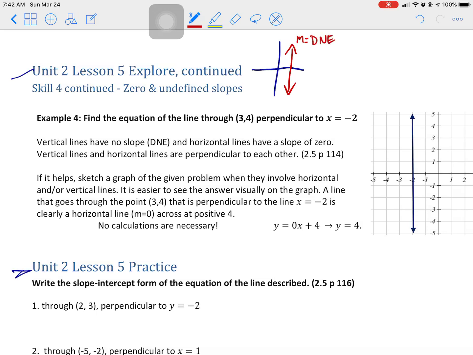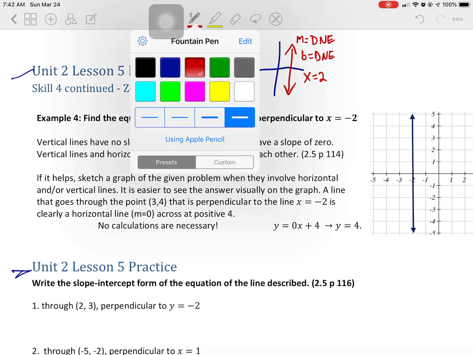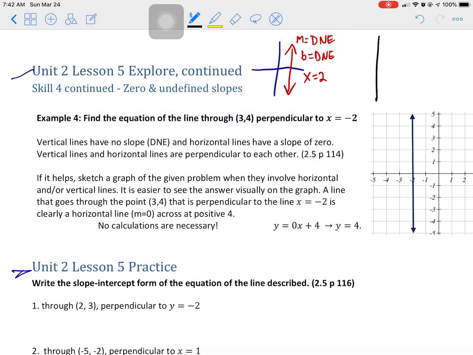And it has no b. Okay, and it starts with an x equals something. Let's go with x equals 2. All right, so then we have this other line. And let's say it goes like this, okay? M equals 0.